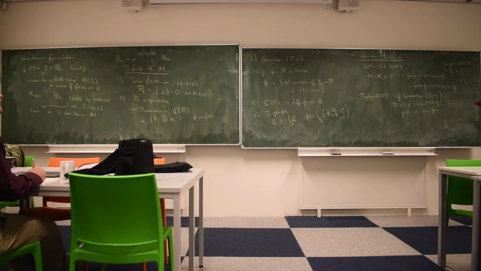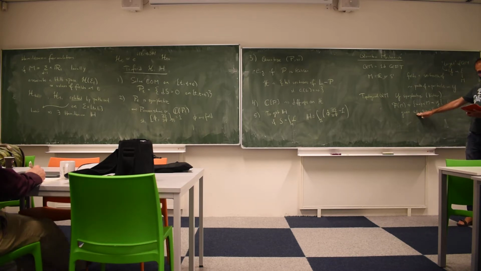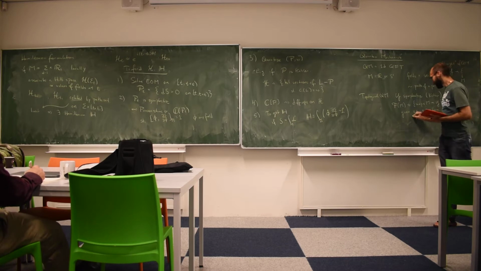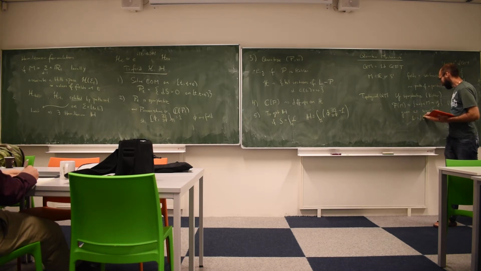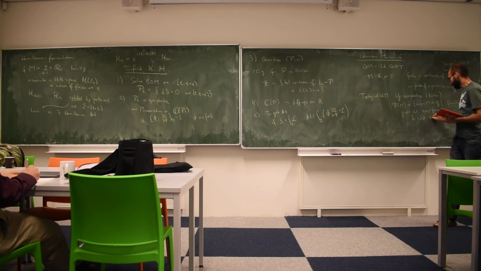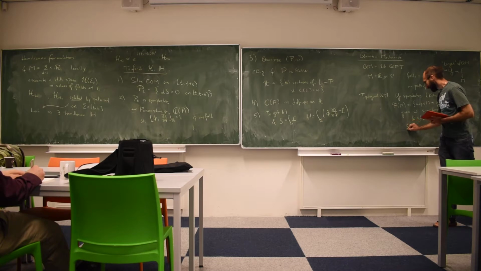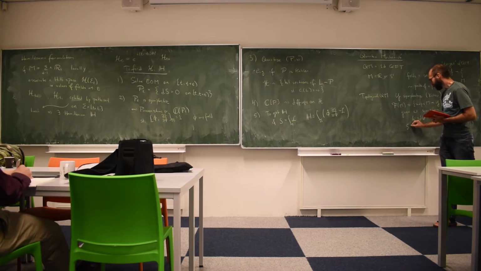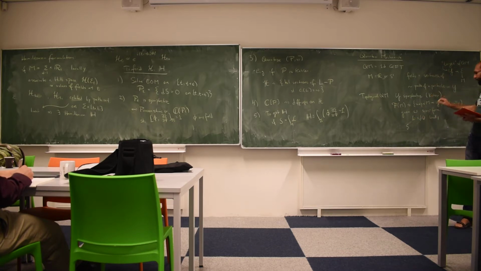I'll give you the local one first. Symplectic form is closed, so locally it's exact. So omega is d theta locally. And then the action of the theory. So let me call these maps phi.